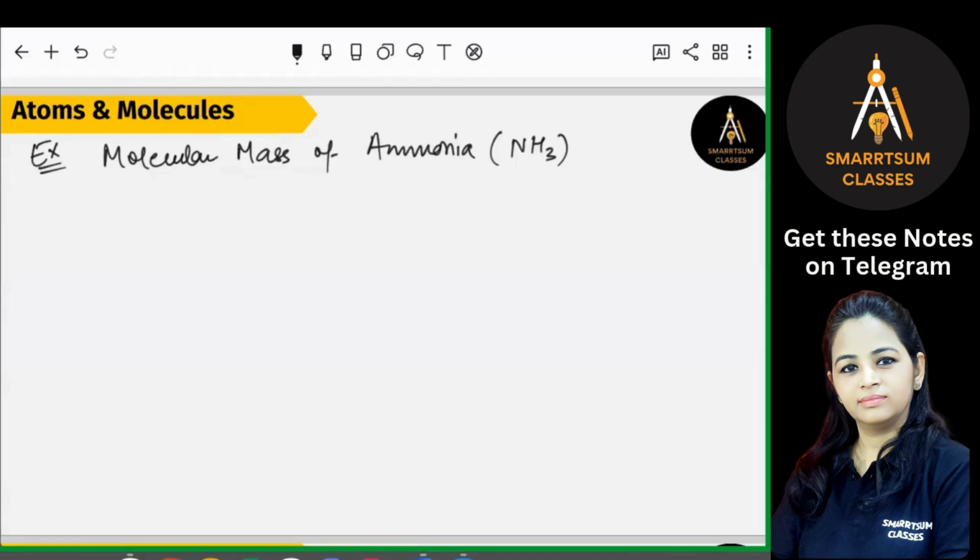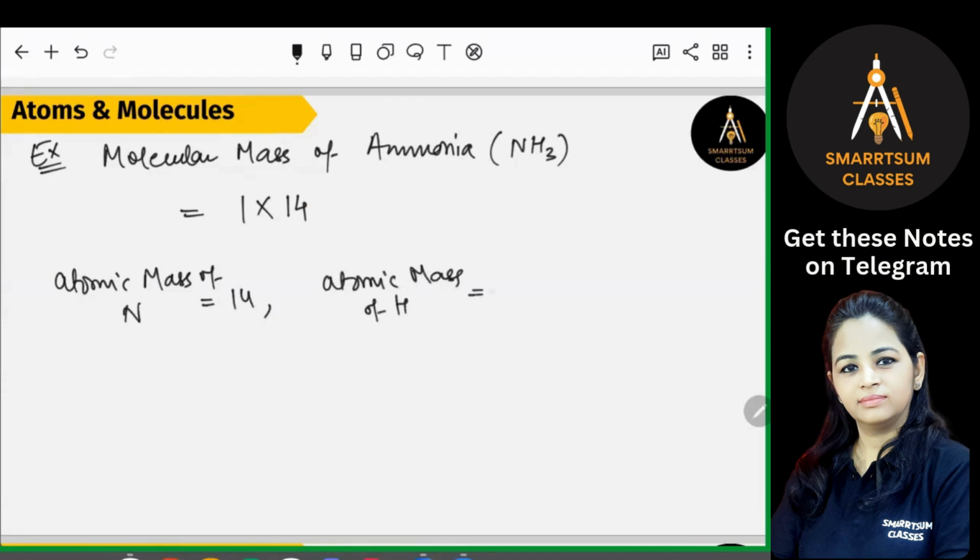So what will be the molecular mass of this molecule of ammonia? That will be 1 into the atomic mass of nitrogen, which is 14. So write down: the atomic mass of nitrogen is 14 and the atomic mass of hydrogen is 1, in AMU.